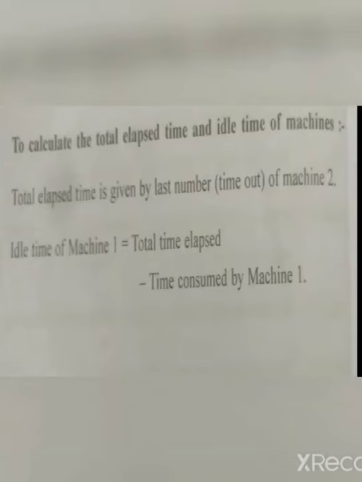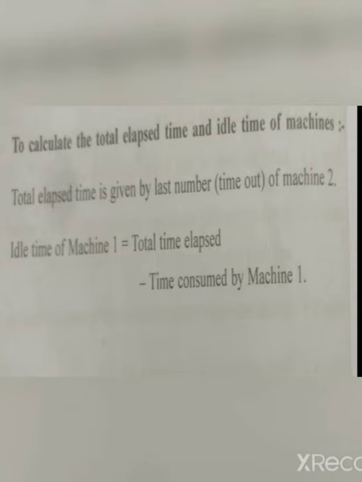Next we have one calculation, to calculate the total elapsed time and idle time of the machines. Total elapsed time is given by the last number of machine 2, that is the last time out of all the jobs. Idle time for machine 1 as well as idle time for machine 2 uses the same formula.